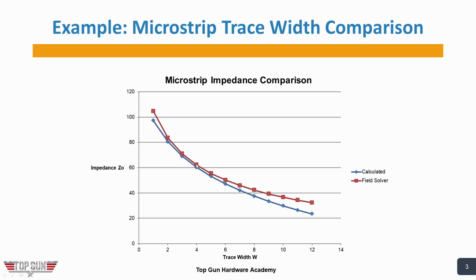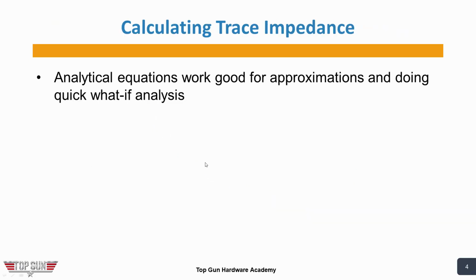So these impedance equation formulas can be accurate under certain conditions, but they're always going to be a couple of ohms off. Now, plus or minus 5 ohms might not be a big issue when you're doing the beginning part of your stack-up planning. But when you go to final production, based upon your accuracy and your yield control, you're going to want to use a field solver to make sure that the values you're using are giving you accurate results. So when calculating the trace impedance, analytical equations work well for approximations and quick what-if analysis.